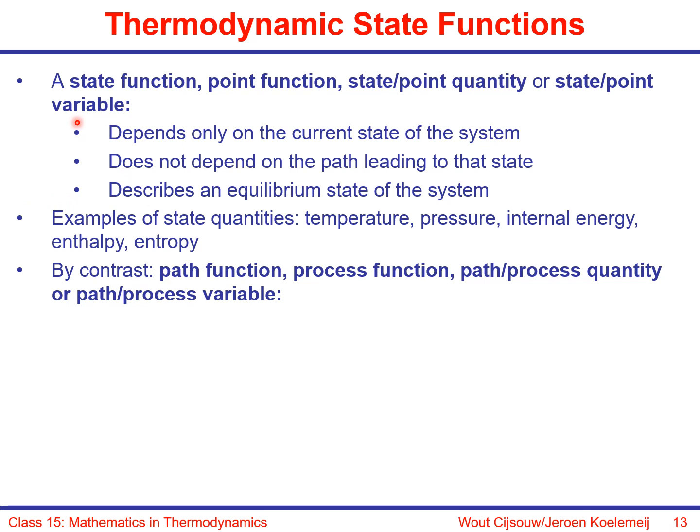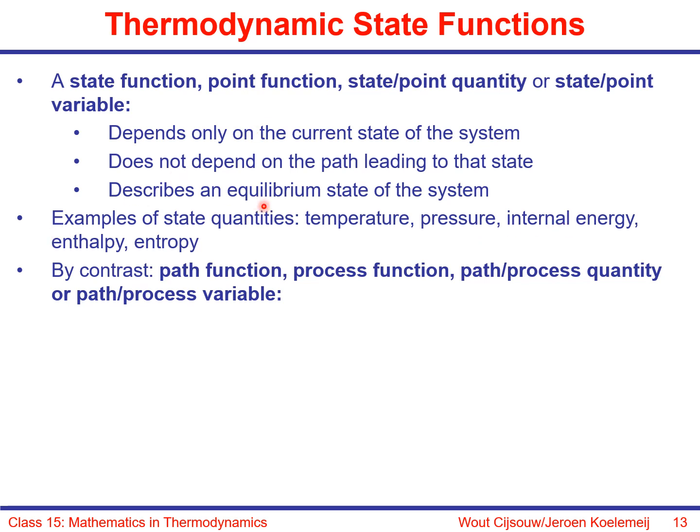We've seen that state functions, which are also called point function or state or point quantity or state point variable, they only depend on the state of the system, and they don't depend on the path that led to the particular state. What's also important to realize is that a state function always describes an equilibrium state of the system. And examples are things like temperature, pressure, internal energy, entropy.